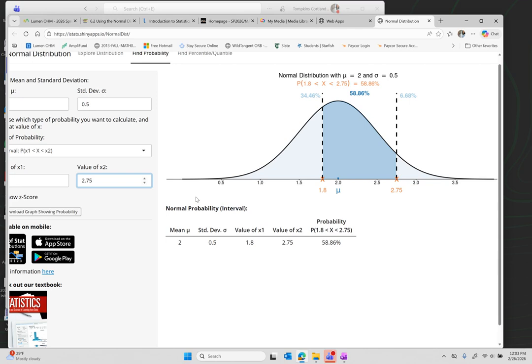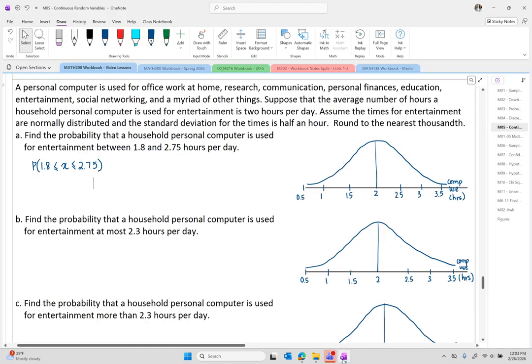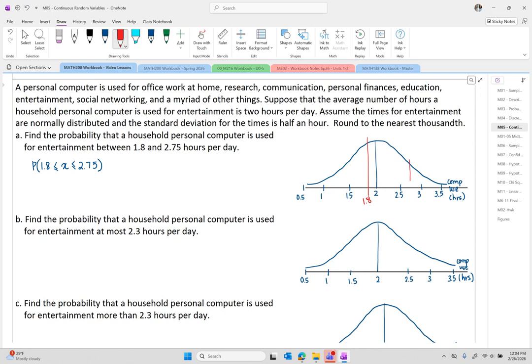So you have that ready, and also shades for you the area of interest. So that's what we want to do here. We want to mark the 1.8. We want to mark the 2.75. And then we want to shade the area in between, which corresponds to the probability of the value of the variable being between those two values.